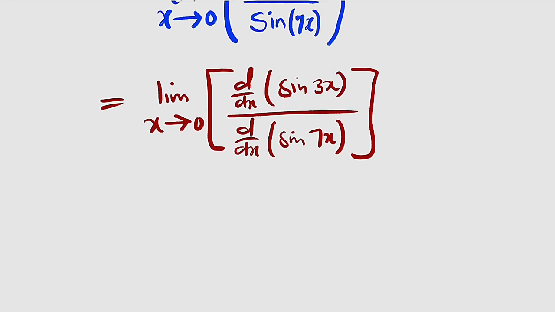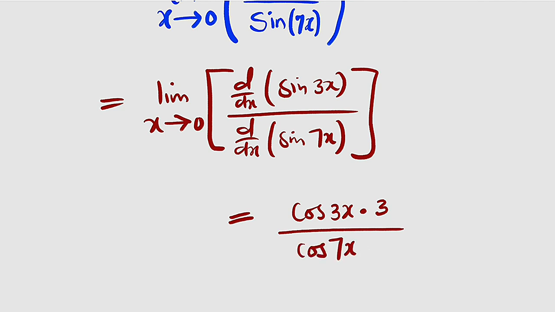If you differentiate sine 3x, you're going to obtain cosine 3x, right? Then you have to multiply by the derivative of the inner function, 3x. That will give us 3. You divide by, you do the same thing: cosine of 7x multiplied by the derivative of the inner function, 7x. That will give us 7.